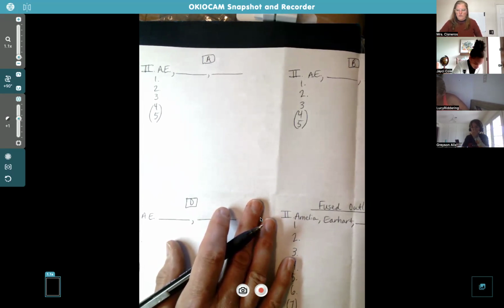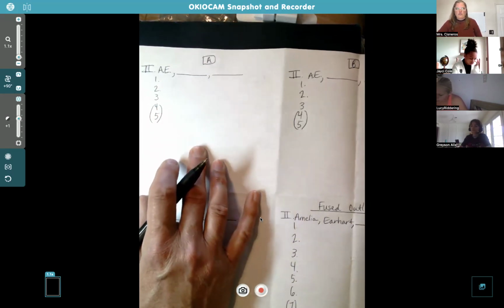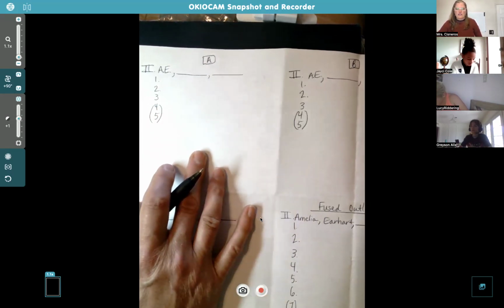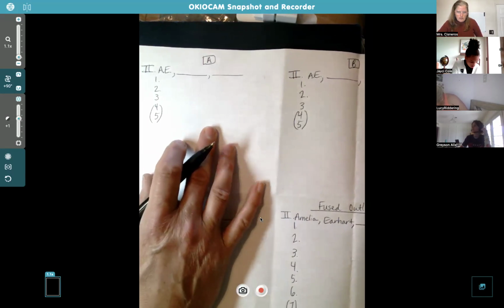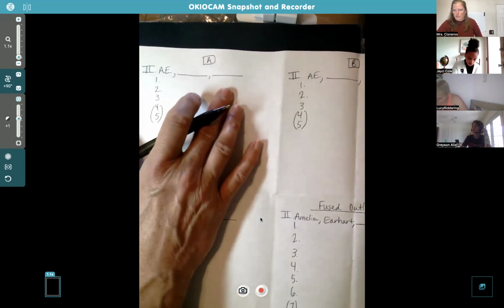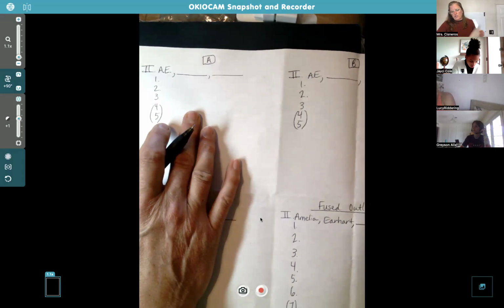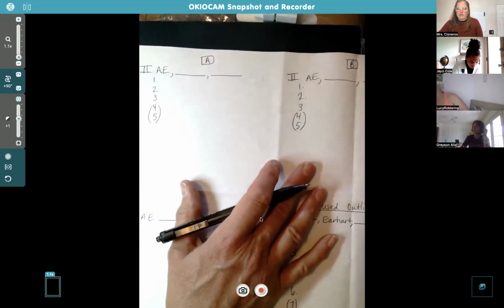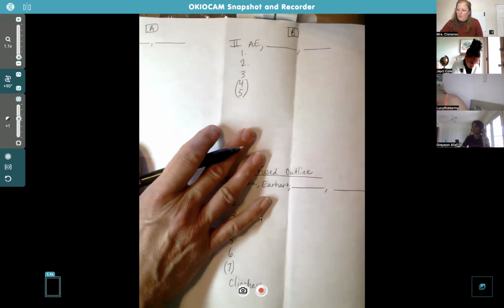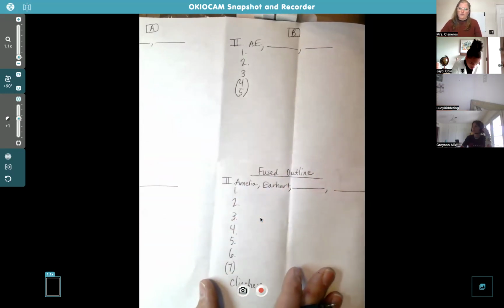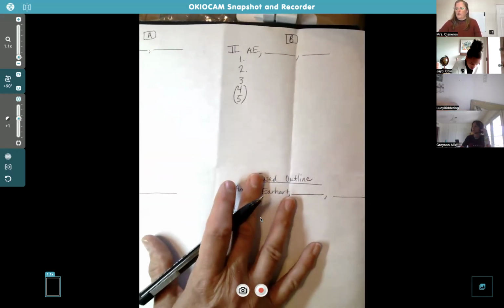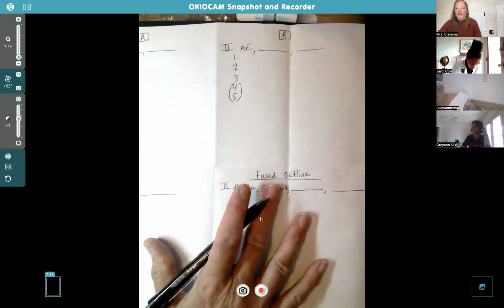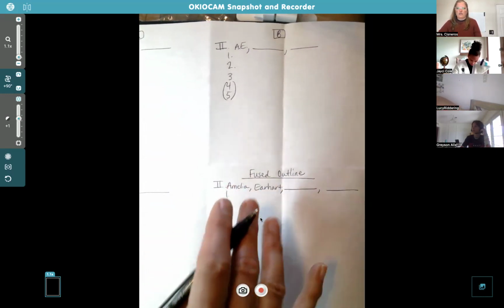Look for keywords to put in your outline. If you chose last flight and disappearance, look at that paragraph, choose some keywords for each article. You're going to set this up so you're ready to write your paragraph. I'm hoping you can make it to the point of doing the fused outline here. So go ahead and start working on that. If you need help, I'm right here. Just going to wait for you guys.